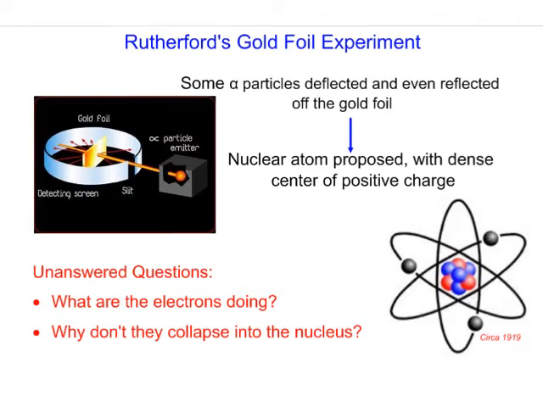Our next scientist, and the last one we're going to discuss, is Ernest Rutherford. And I didn't put a picture of him here. I thought actually his experiment was a little more interesting. And here it's called the gold foil experiment. You've probably heard of that, and you'll hear of it again, I'm sure.